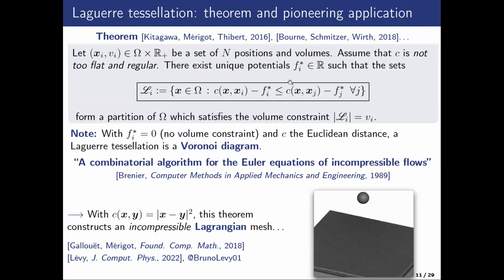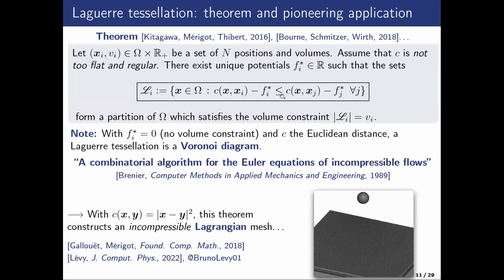And on top of that, there is an expression for the partition. So the space is partitioned into these subsets that are called Laguerre cells here. And it's a set of points that satisfy a set of inequalities that involve, of course, the cost and the potentials that are constructed by the theorem.